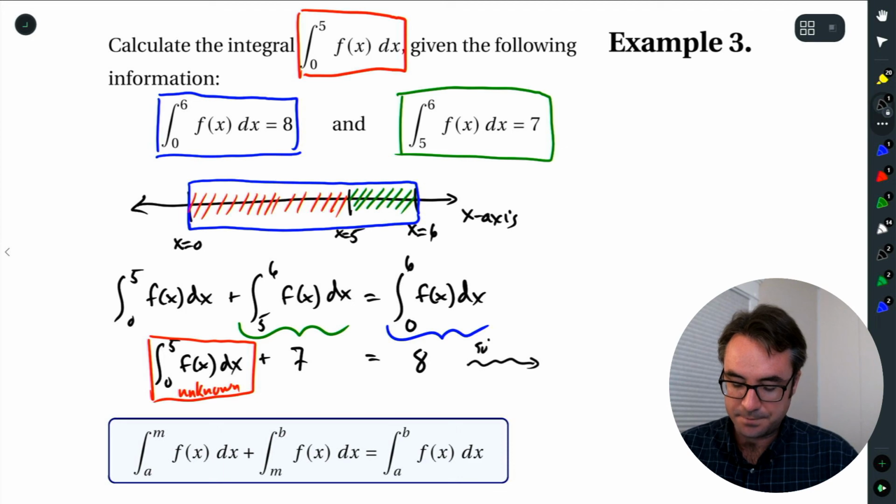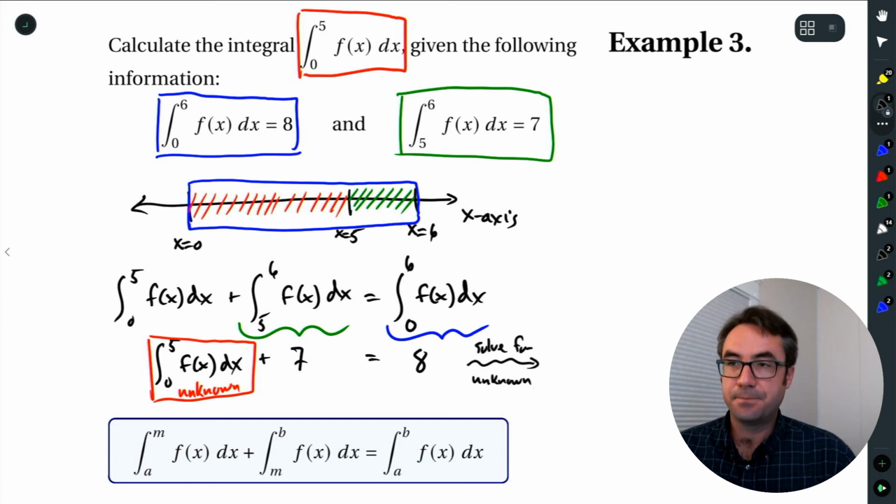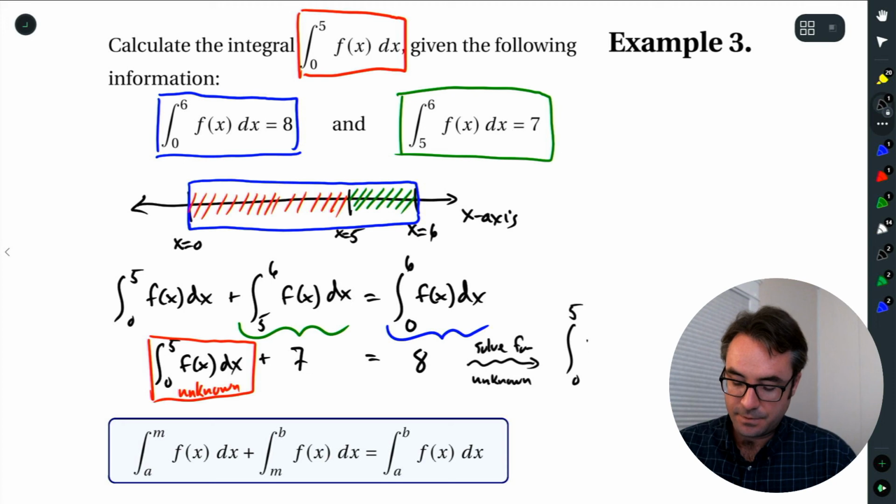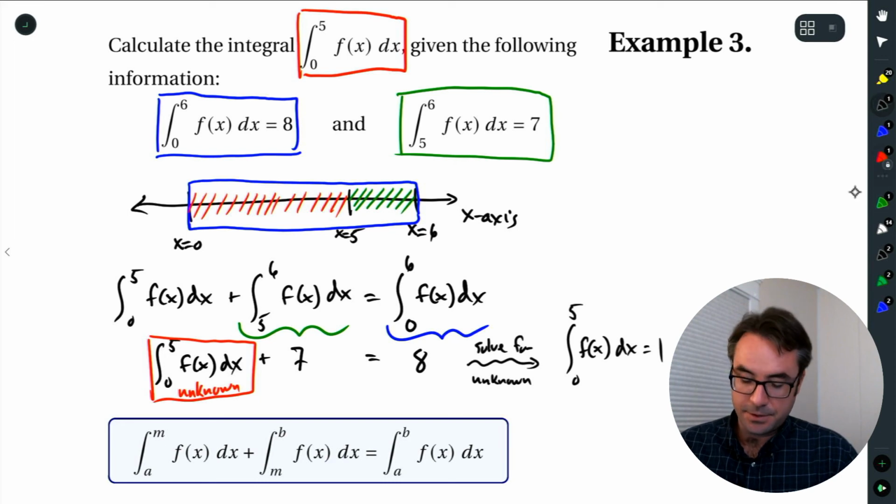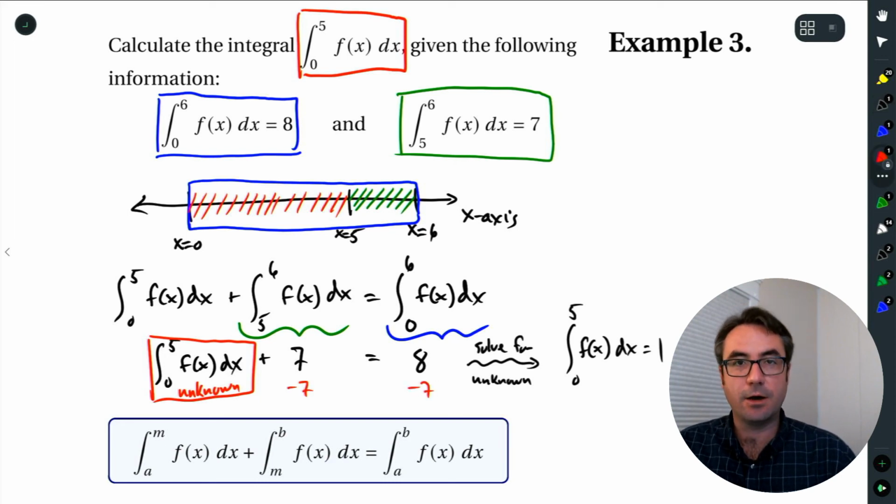So you solve for the unknown quantity, and when we do that, we get the integral of f of x from 0 to 5 is equal to 1. That's because we're just subtracting 7 from both sides to get that unknown quantity all by itself on the left side of our equation.